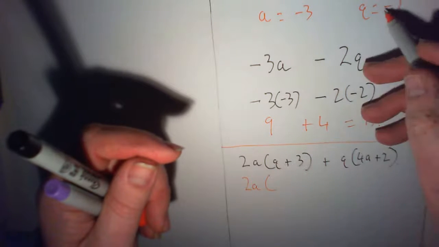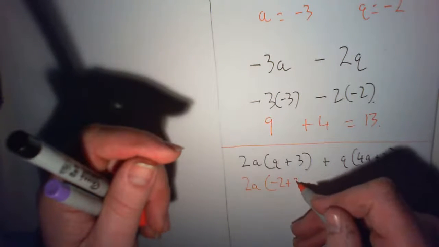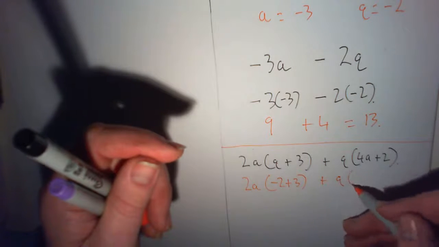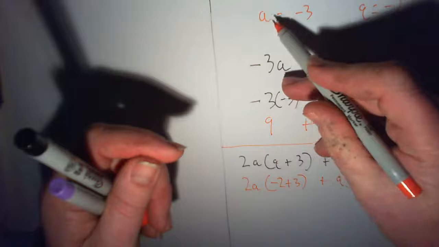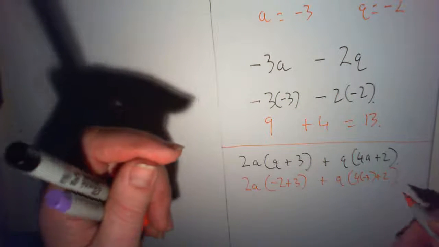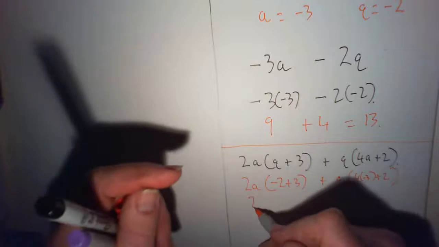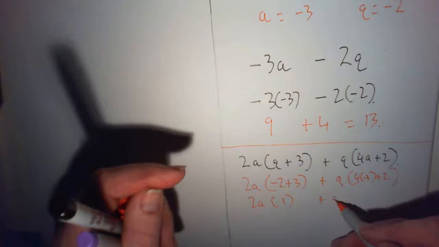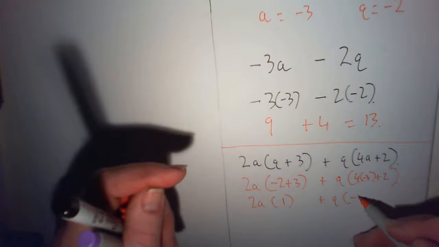I'm going to replace the q with minus 2, and I'm just going to replace the 4a with 4 times minus 3. Now, what's this? That's 2a times 1 plus q times minus 12 plus 2.